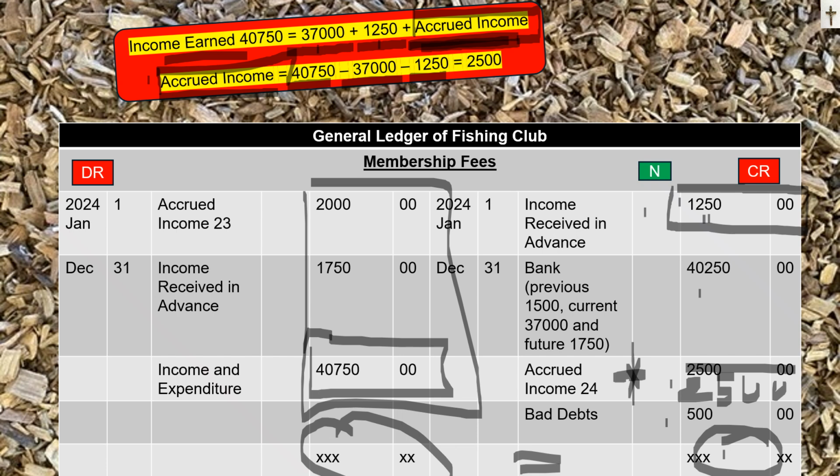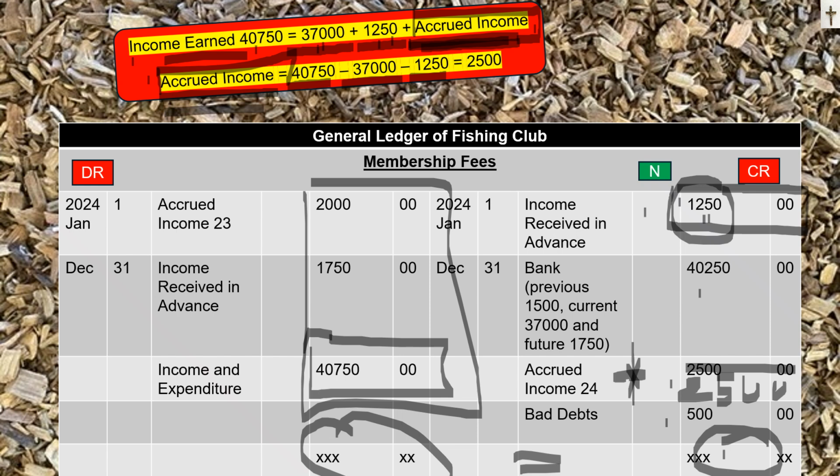But in a perfect world, it would be nice to understand that income earned is equal to the bank amount for the current year plus the income earned on members who paid us in advance last year plus money owing to us that we've earned but the members have not yet paid us.